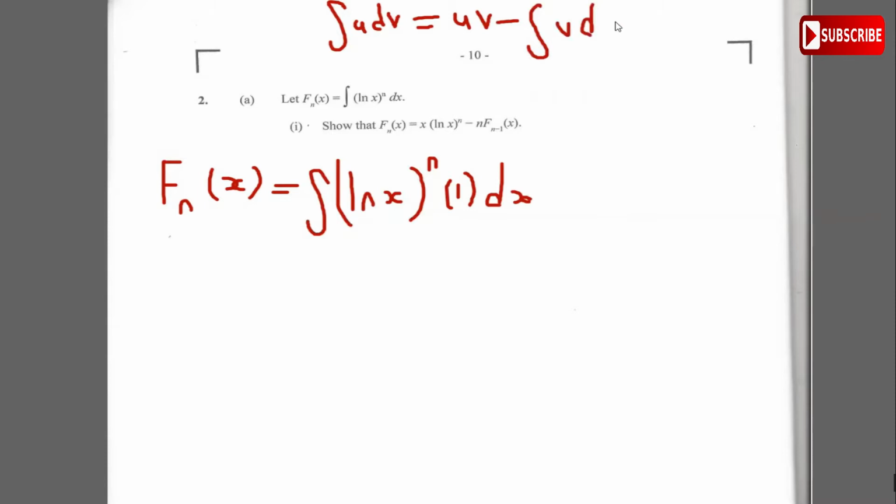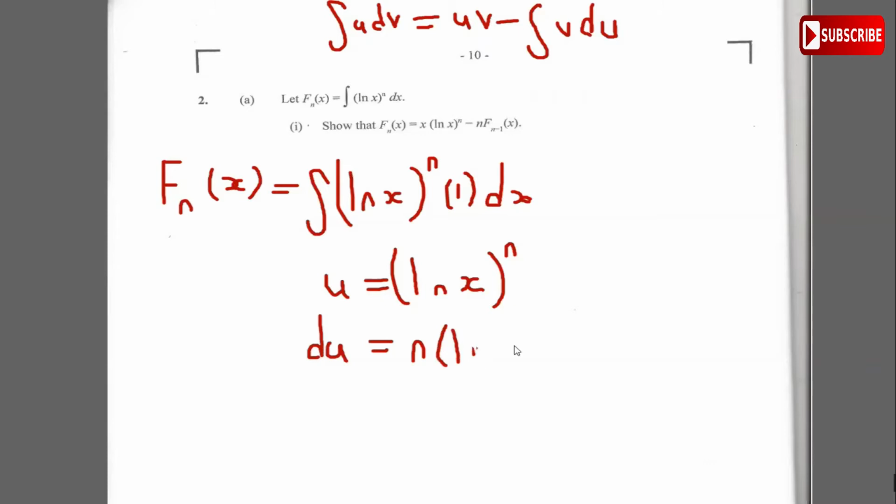So applying this, we need to call u (ln x)^n. So u is equal to ln x raised to the nth power. And if this is u, then you need to find du. Du is going to be, you carry down the power of n, you subtract 1 from the power to get (ln x)^(n-1), then you multiply it by the derivative of what's inside the bracket, and the derivative of ln x is 1 over x.